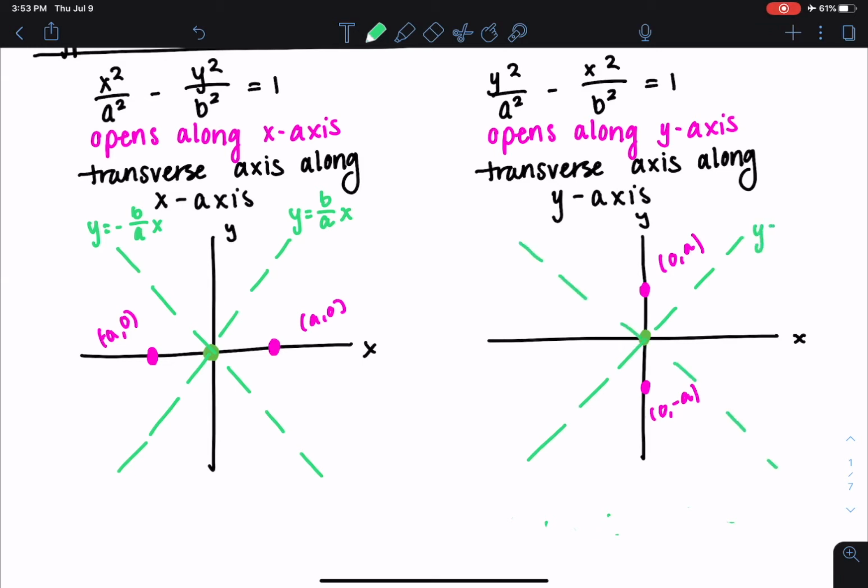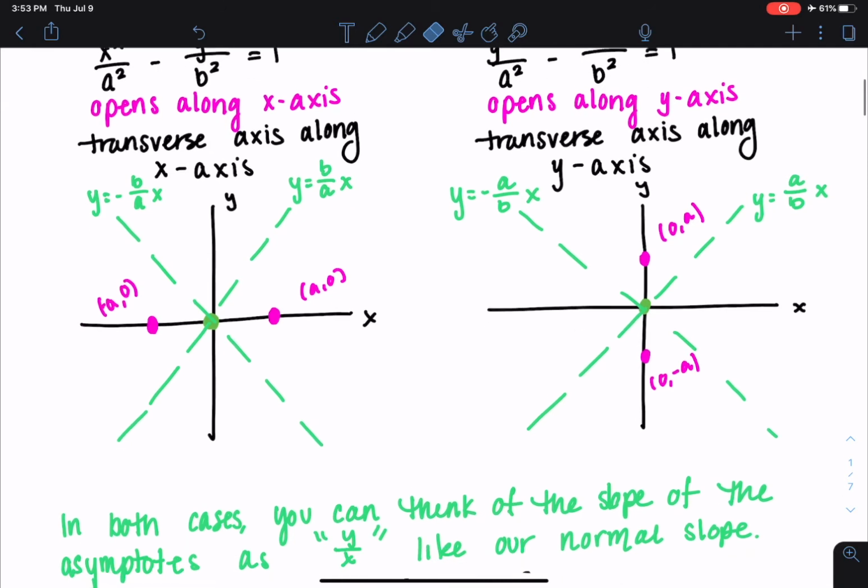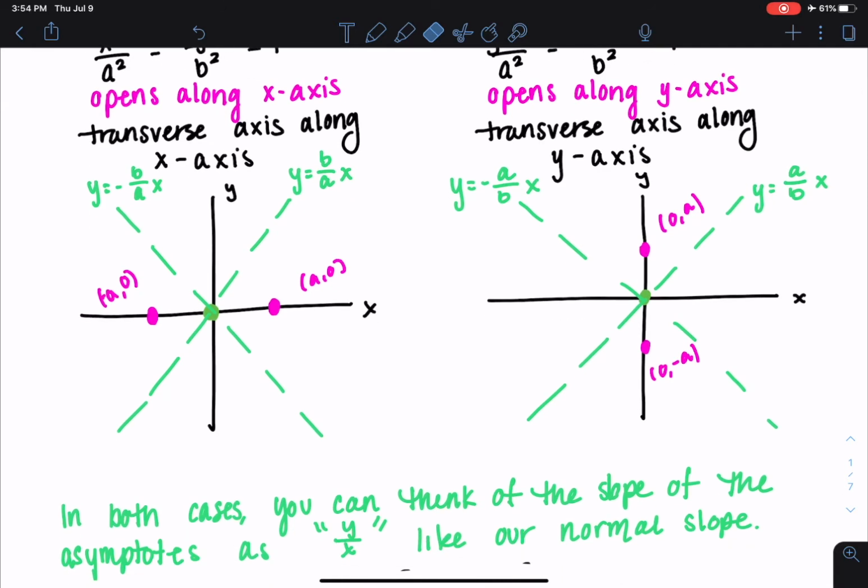And it's still going to be the value under y, which in this case is a, divided by the value under x. Then you have the negative version. So in both cases, you can think of the slope of the asymptotes as y over x, like our normal slope.